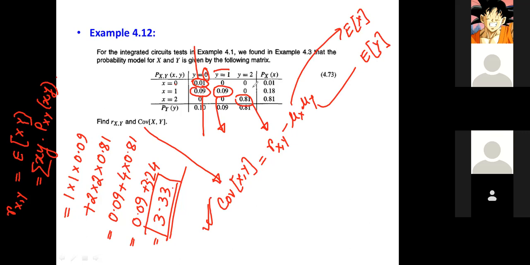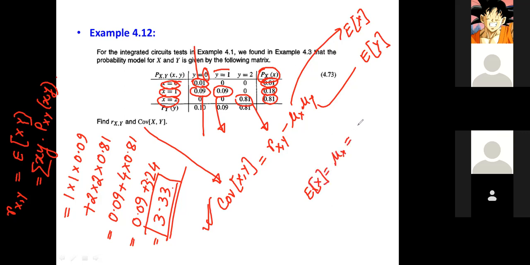Now the px values are given and the x values are also known, so we can easily find E[x], which is mu x.